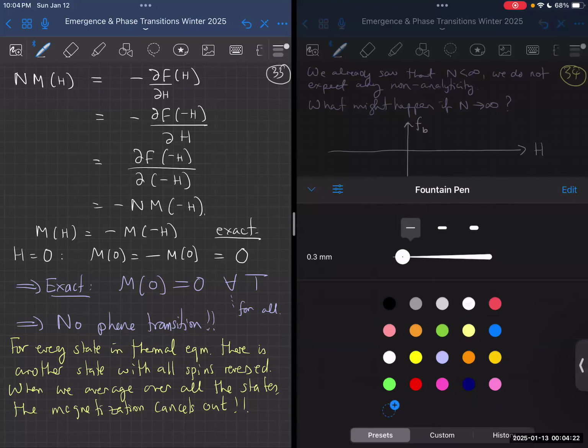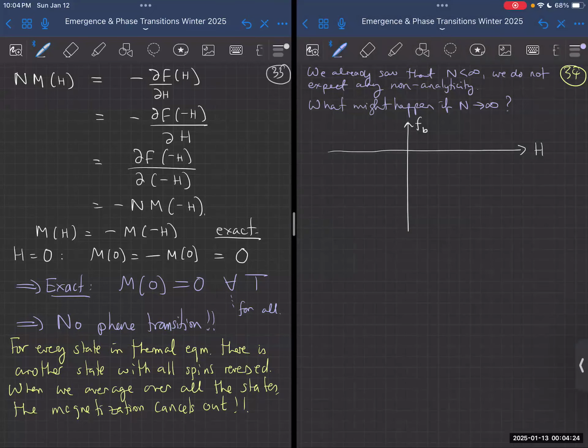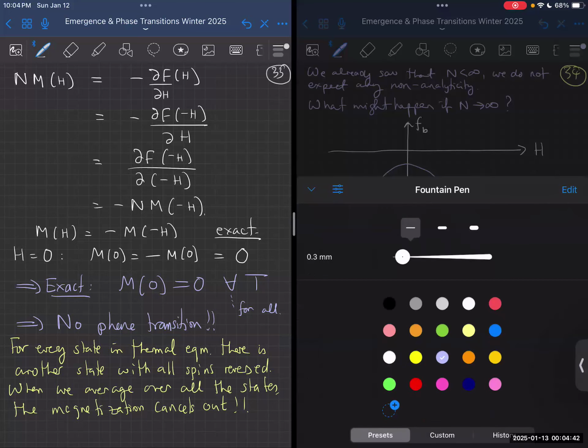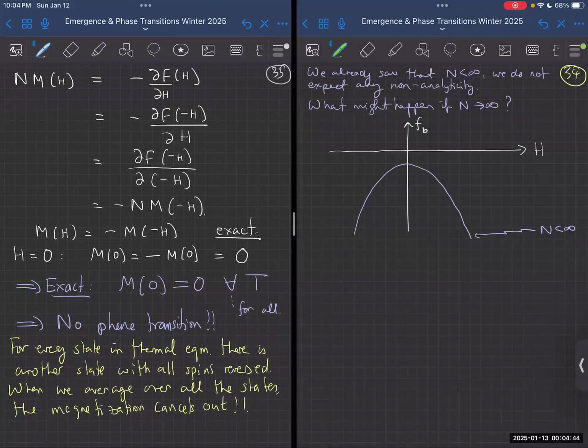My claim is that it looks something like this. Let's suppose that we have n less than infinity, so this is an even function that is non-analytic, and looks something like that. So this curve is for n less than infinity. I claim that when n goes to infinity, what actually happens is this thing becomes like this.